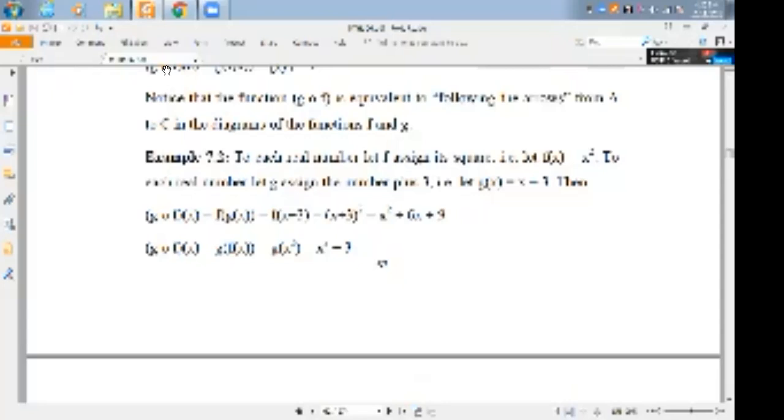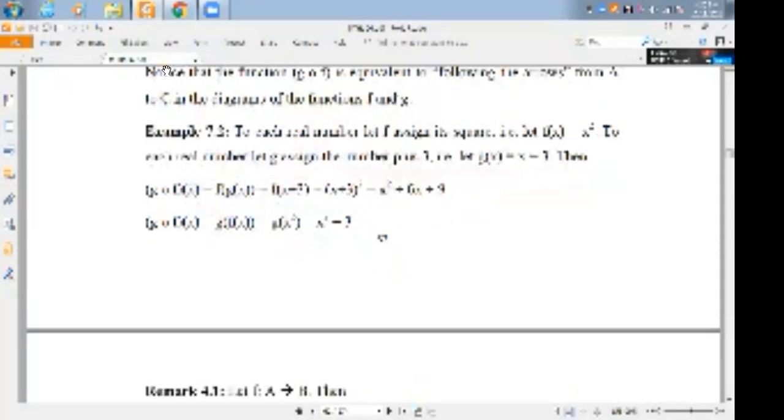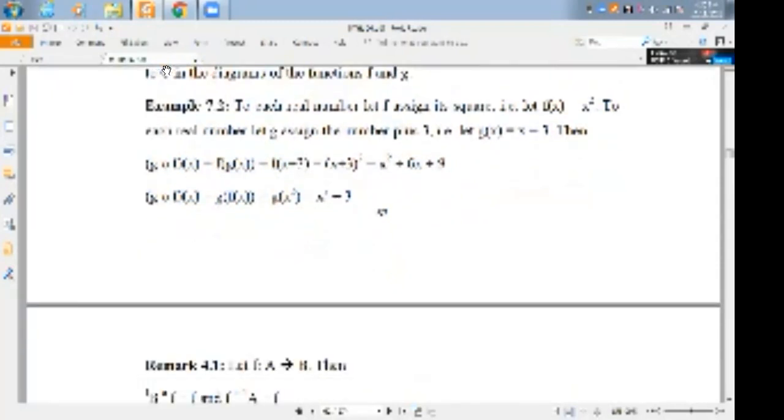Then if you are asked to find G of F, that means you are substituting F into G. So if you have G of F, that is G product of F, we can have it as G of F or F of G. If you have G of F, you are substituting your F into your G. But if you have F of G, you are substituting your G into your F. You can see example 7.2 of page 62.